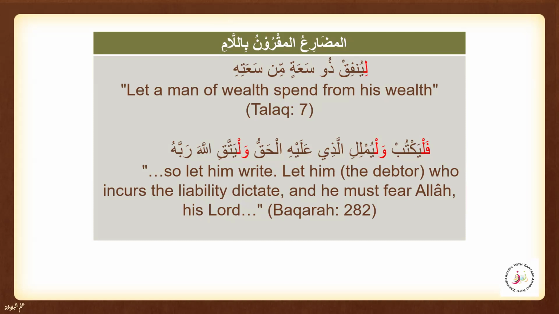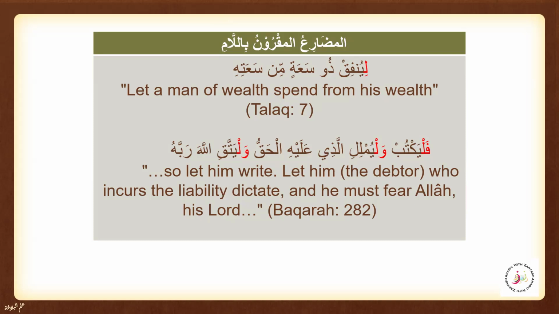Surah Baqarah, ayah 282. So here you see the Lam al-Amr, which is also called Lam al-Jazma, because it makes the verb after it majzoom. That is why it is called Lam al-Jazma or Lam al-Amr, because it makes the mudari majzoom after it.